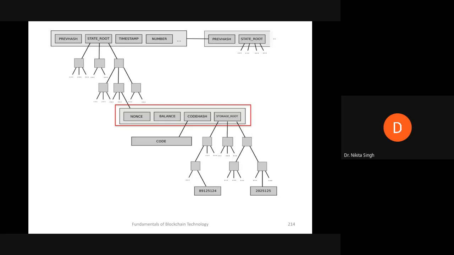You are making transactions, your contract is getting executed, and because of the execution of a contract, some new amount enters your account. So, ephemeral or temporary data is stored on the state trie. All right. So, here you can see we have a state trie. And then again you hash and you get the state root.